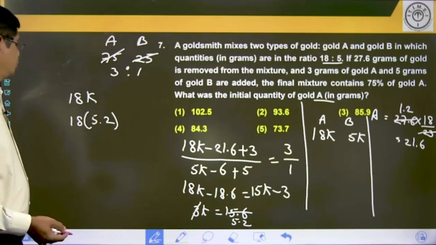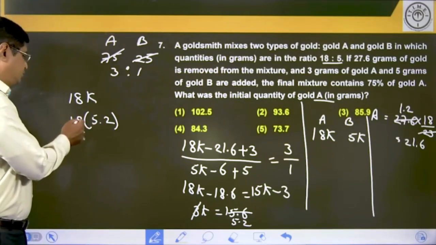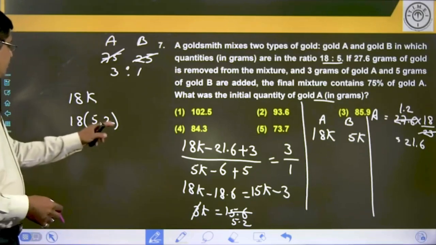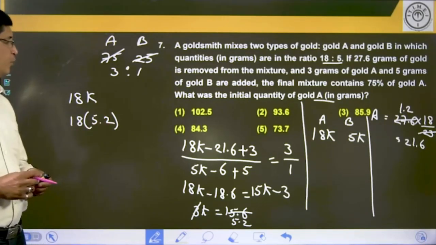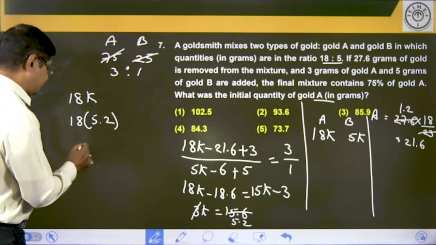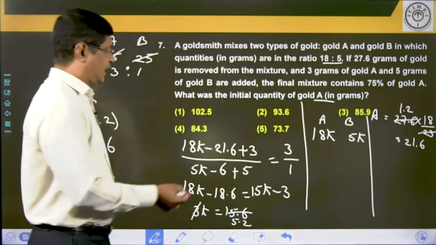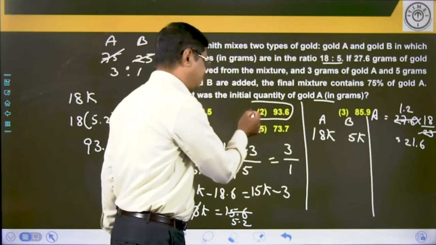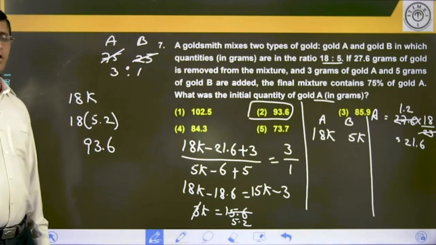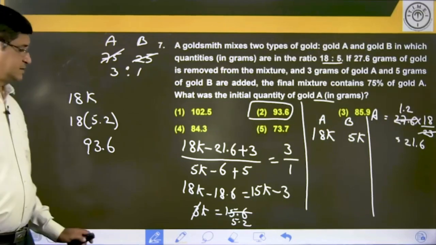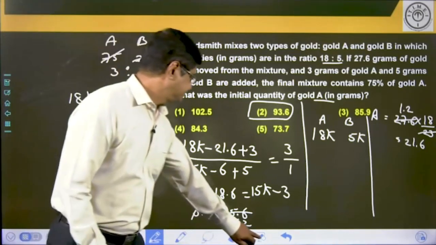So 5.2 into 18: 5 times of 18 is 90, 0.2 times of 18 is 3.6, 90 plus 3.6, that is 93.6 grams. So the right choice is option number 2. The second choice is the correct answer. Done. Now, we will move to the next example, question number 8.